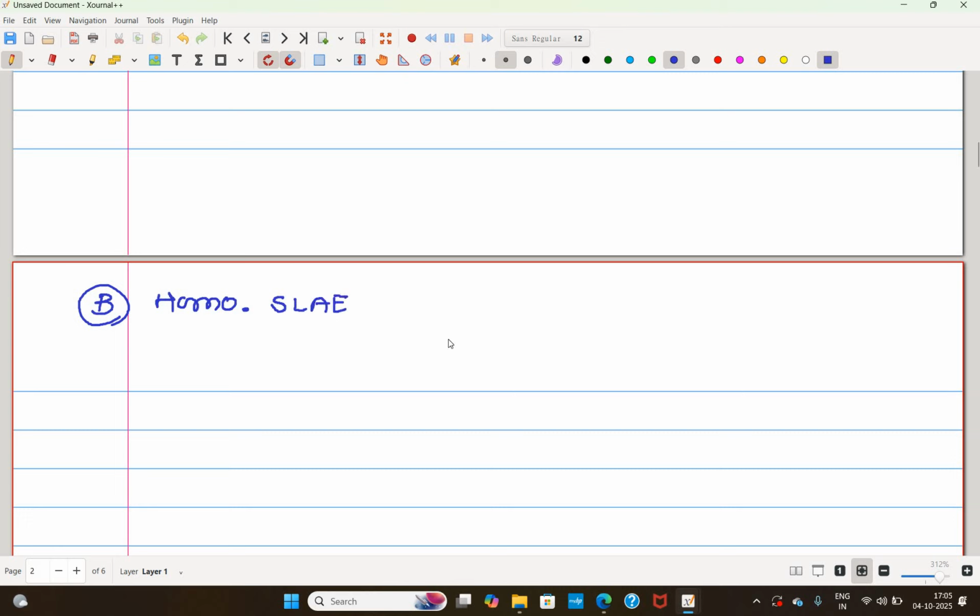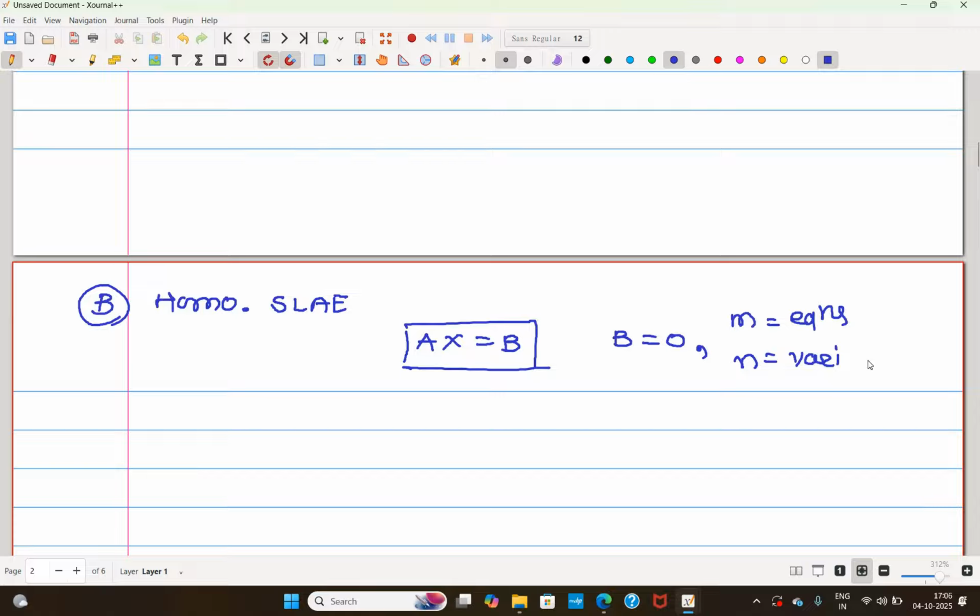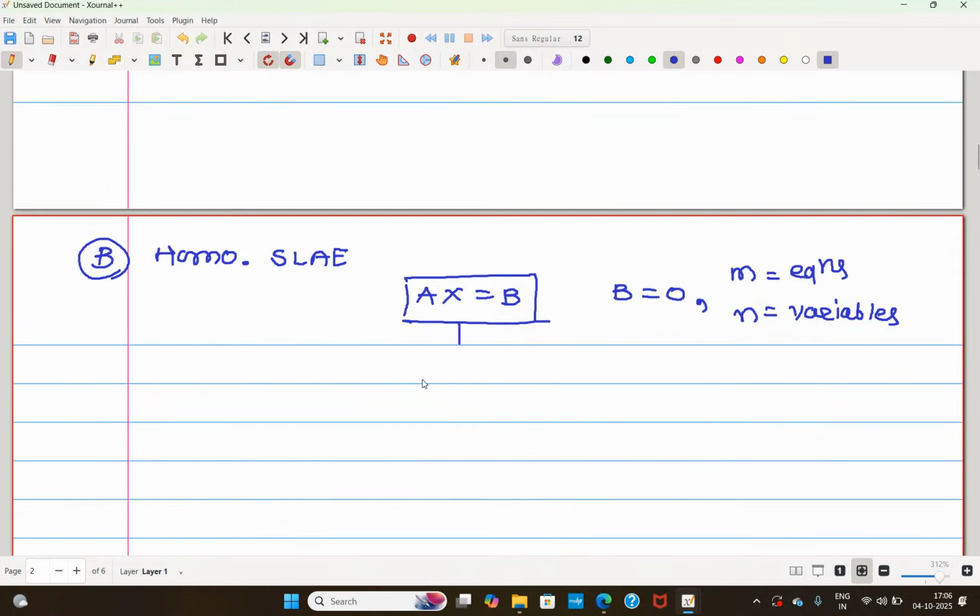Right? Now once again, in similar fashion, let us consider Ax = B as your system, where B is completely equal to 0, m is the number of equations and n is the number of variables. Alright. So if we have this, then what further do we have to understand?